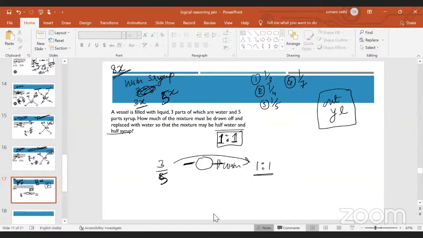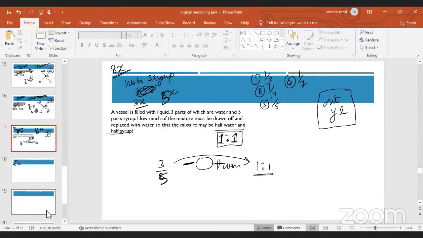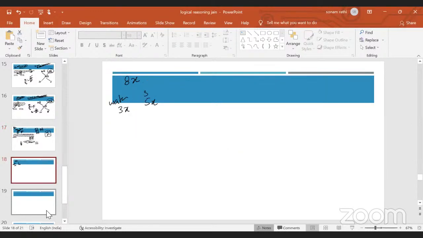So it was 3x water and 5x syrup, and you're taking out y liters.